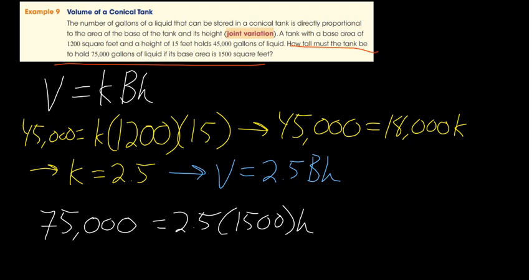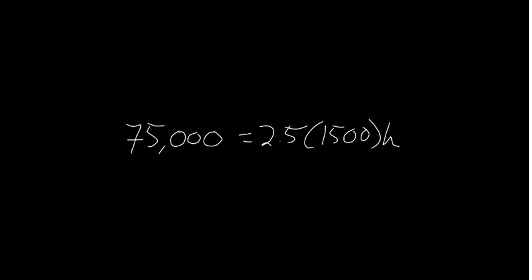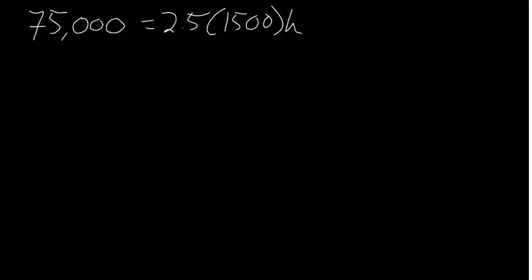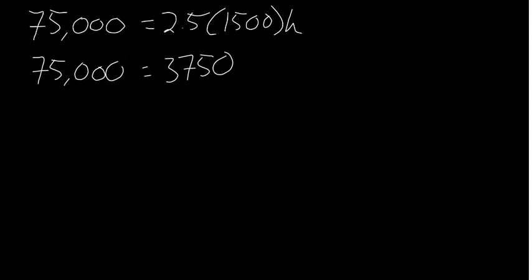So solving for H, 2.5 times 1500 is 3750. So let's put this on the next page. So we're going to have 75,000 is equal to 3750 H. Then we divide both sides by 3750, so 75,000 divided by 3750 is going to be 20.